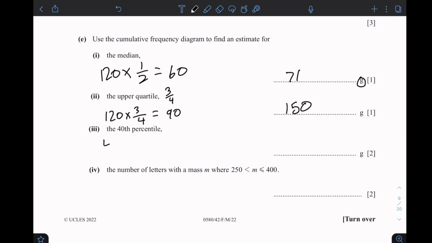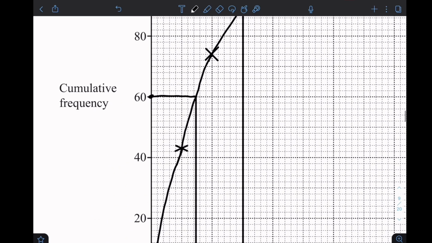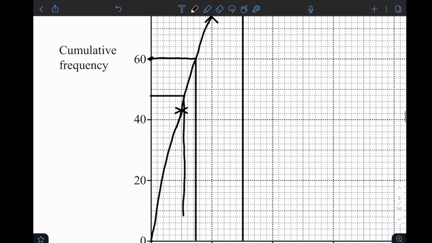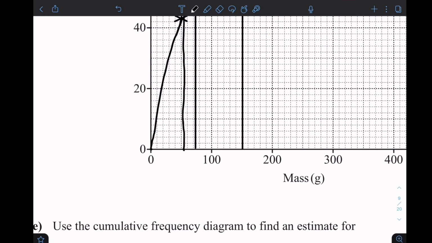Now 48th percentile. 48 percentile is 40 divided by 100 multiplied by 120, which is equal to 48. So you look at 48 grams, which is over here, and you do that, and then you go across.